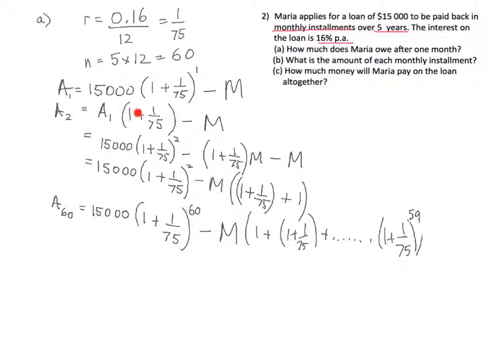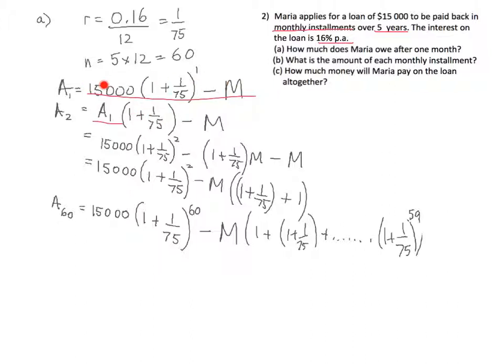And then we've got more interest for another month, minus the next monthly instalment. So all of that is our A1 there. We want to times by 1 plus 1 on 75. We want to times this by this term and this term.